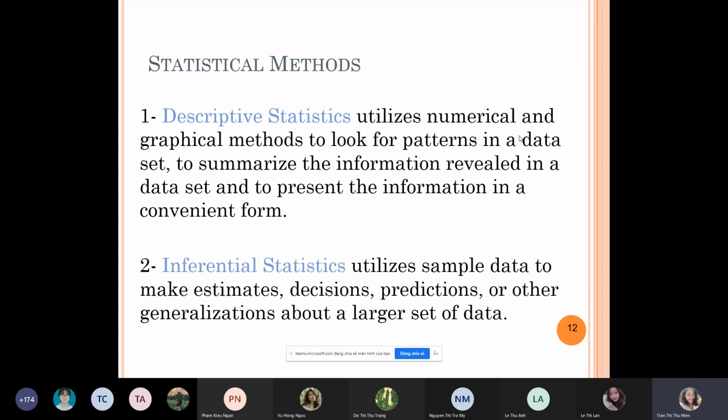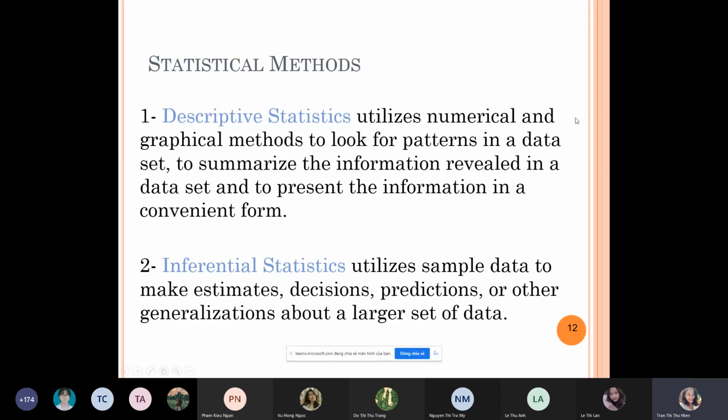So most of the statistical information in newspapers, magazines, company reports, and other applications consists of data that are summarized and represented in a form that is easy for the reader to understand, right? Such summaries of data, which may be graphical or numerical, are referred to as descriptive statistics.